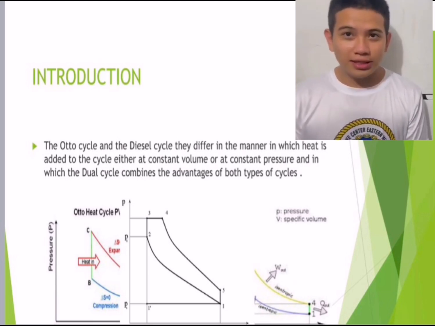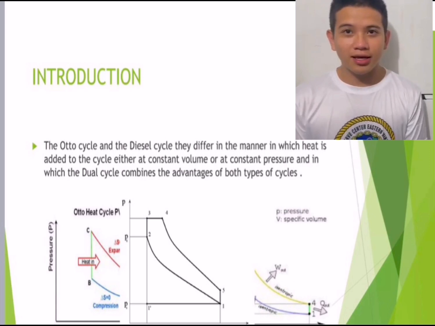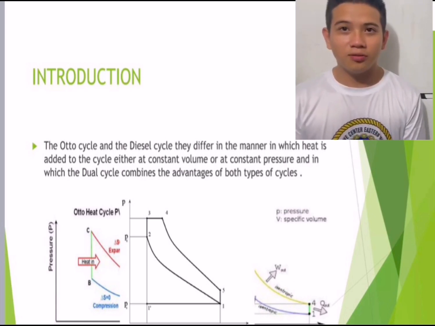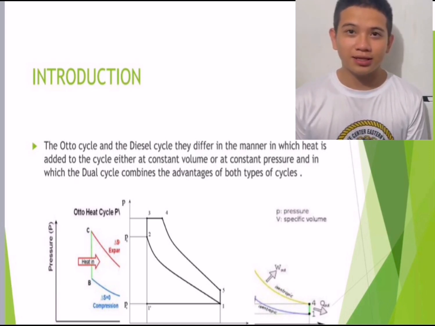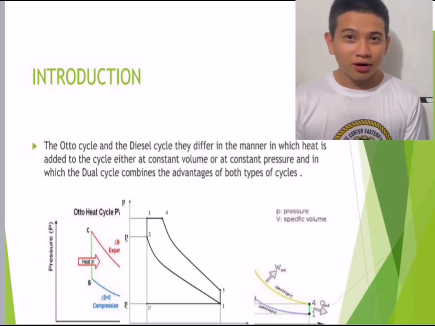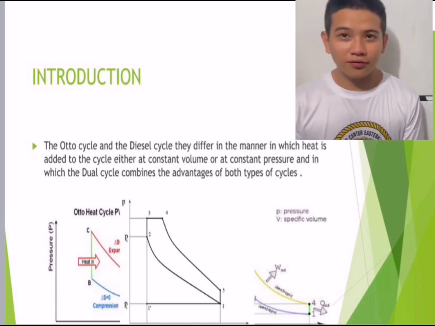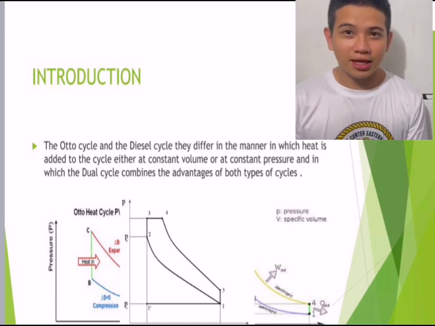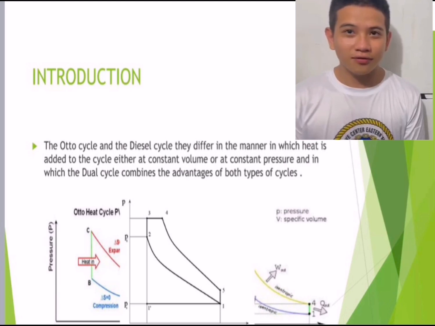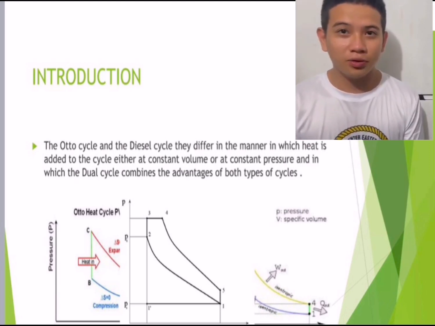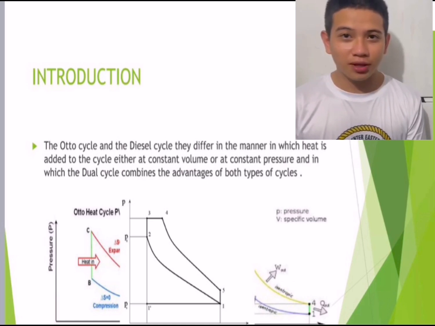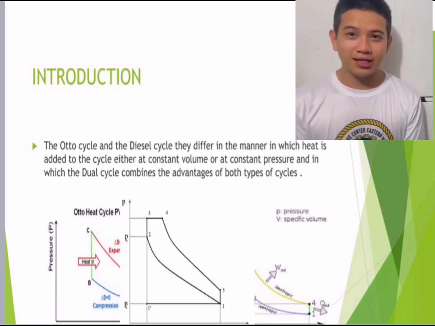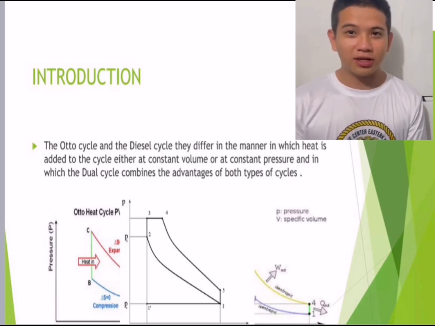The Otto, diesel, and dual cycles are idealized thermodynamic models of internal combustion engines, differing primarily in how heat, representing fuel combustion, is added. The Otto cycle is the constant volume cycle. Heat is added instantaneously at constant volume, mimicking spark ignition in gasoline engines, where a spark ignites the fuel-air mixture when the piston is at its highest point, leading to a rapid pressure increase.